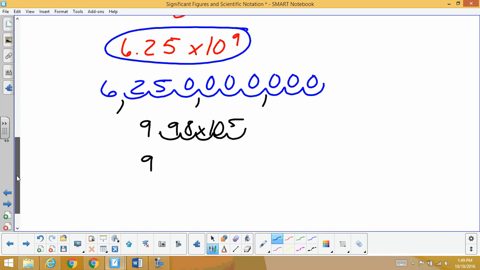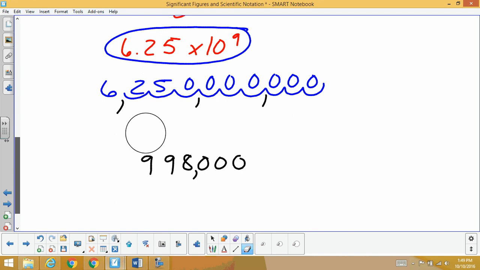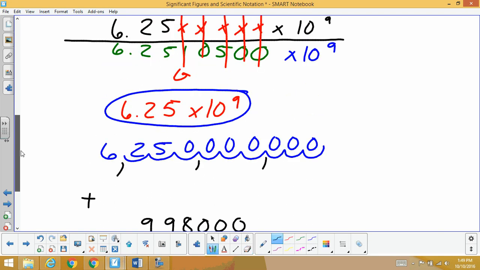They become 998,000. And the other one's even smaller.